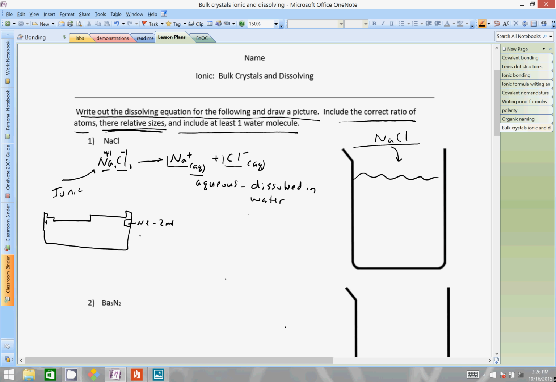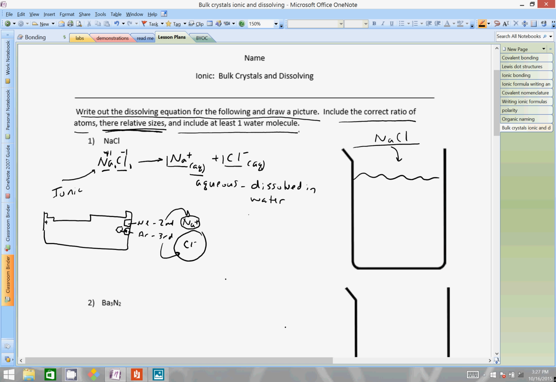Then chlorine, which is located right here, gains an electron, becomes a full shell, isoelectric with argon. So this has 3 energy levels. So we would note that the sodium ion would be smaller than the chloride ion size-wise, because this guy has only 2 energy levels, and this guy has 3. So size is often something that we look for in these pictures.